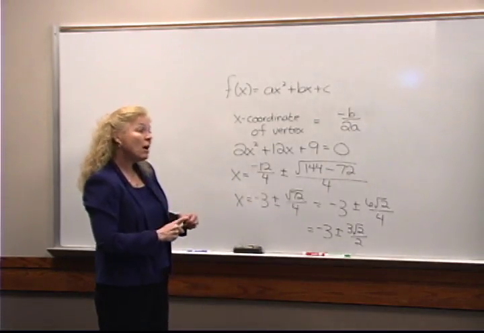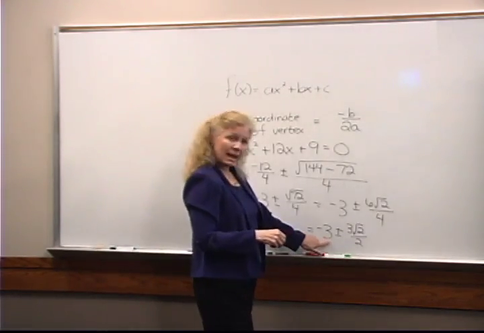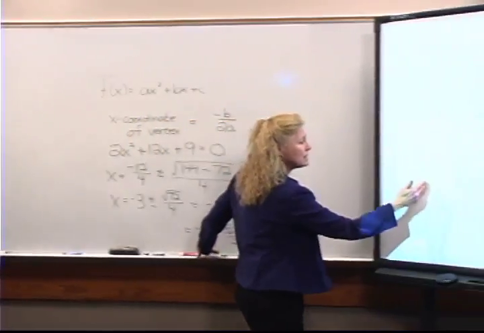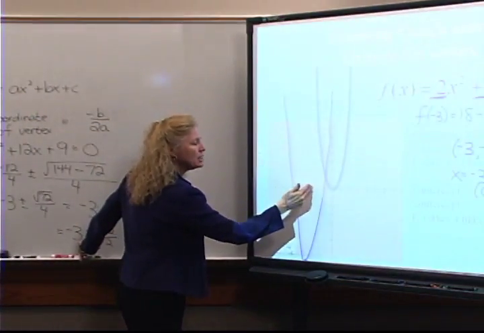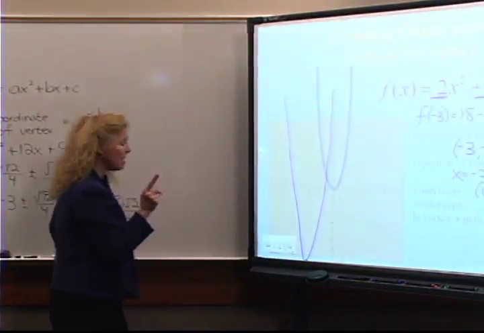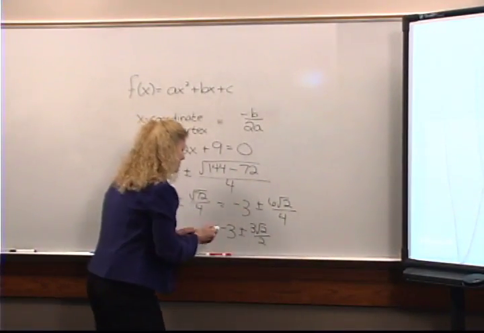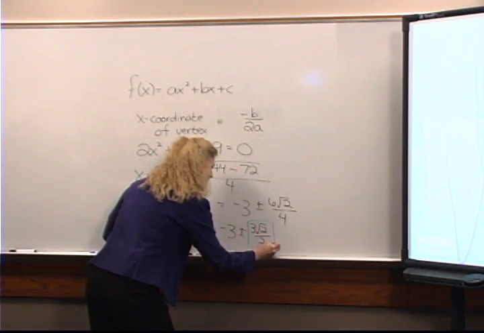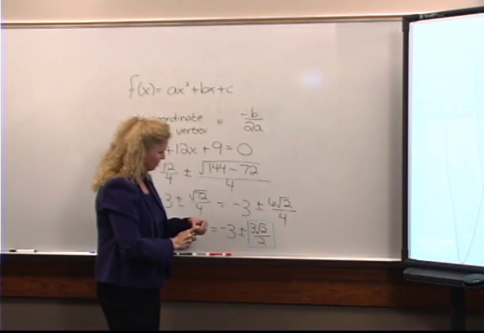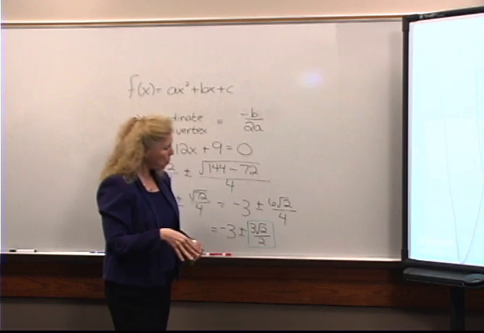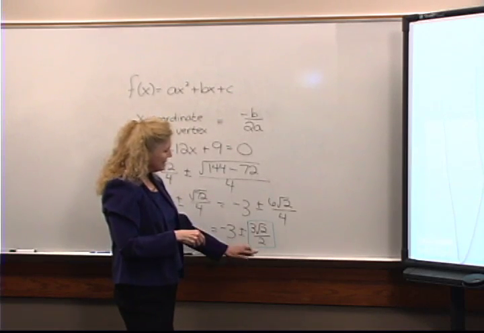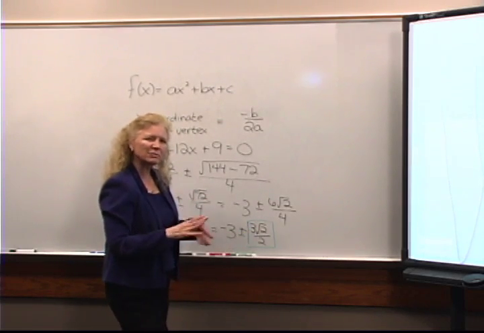Okay. Well, I know that the negative 3 is great because that's my line of symmetry. And I need to go left and right from there. Now I'm going left and right, whatever this value is. Now I don't have a calculator in my back pocket, so I'm going to just make a wild estimate that this is about a 2.1.